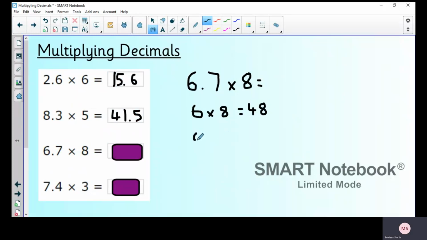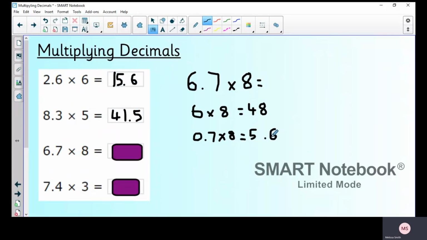And then 0.7 multiplied by 8. Now you might want to make this 10 times bigger in order to be able to do this calculation. Some of you will be able to do it in your head. Whether you need to write something down doesn't matter. Use whatever method suits you to get this answer. That's 5.6.